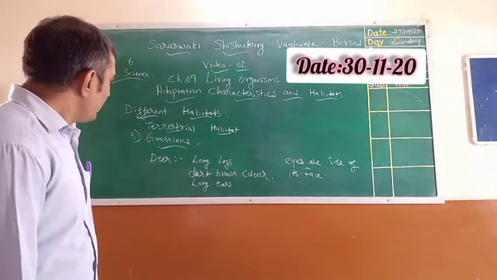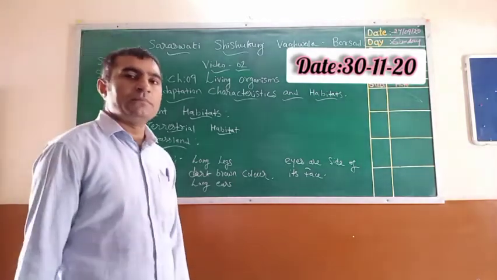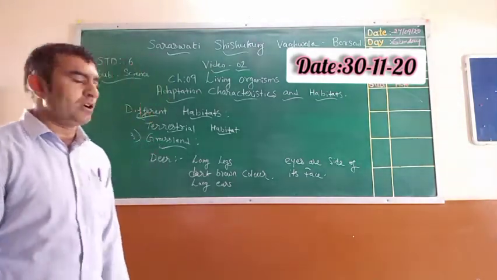So these are the features of the deer which help it survive in grassland or forest.